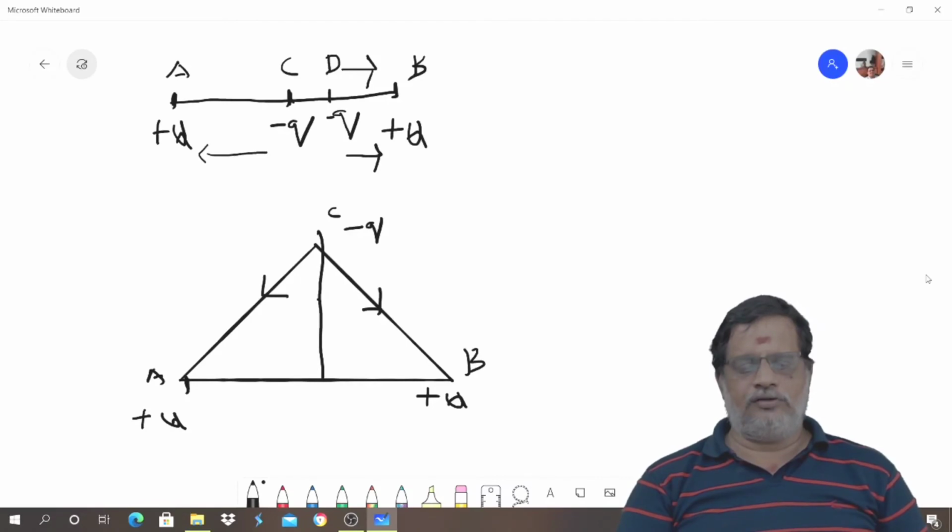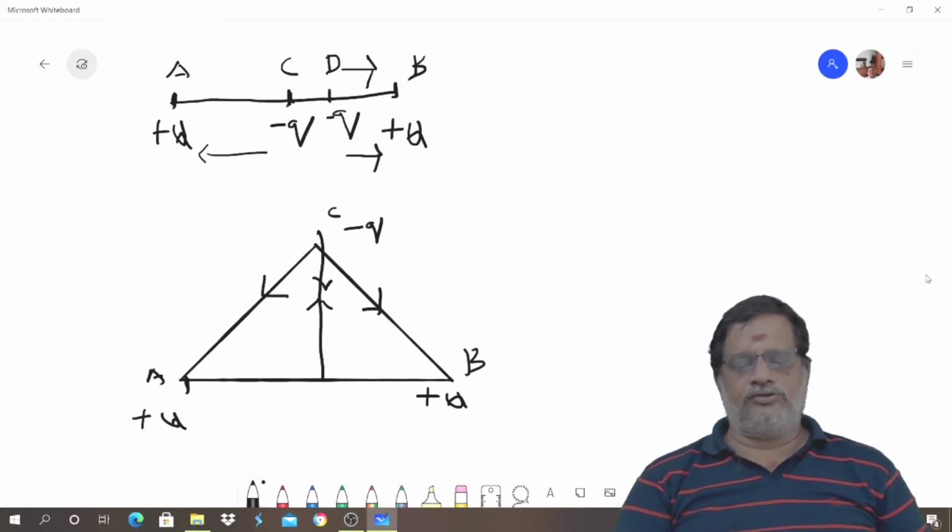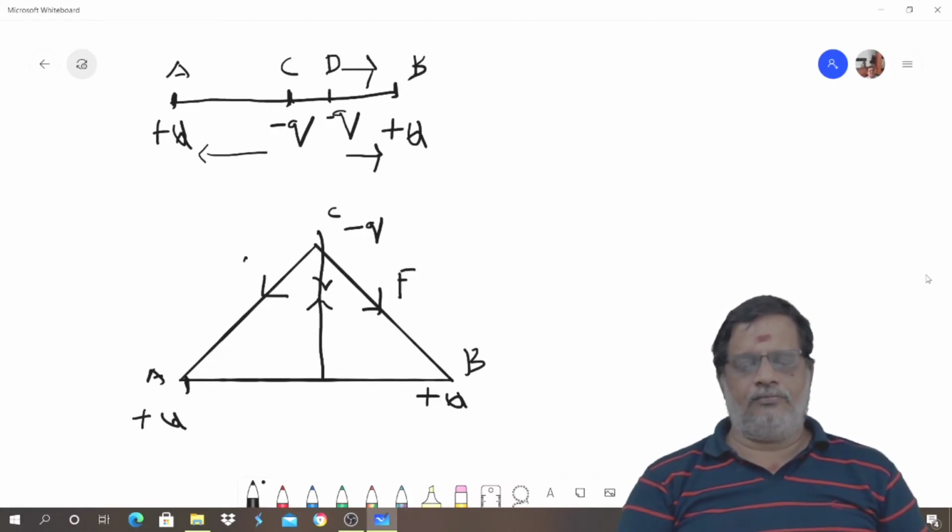So now this was the direction of our displacement, and the net force, which is the resultant of these two forces, let us call them F and F, is along the same line in which I had displaced minus q from the midpoint, but in the opposite direction. So now you find that the net force is opposite to the direction of the displacement. So here our charge minus q is in a state of stable equilibrium.